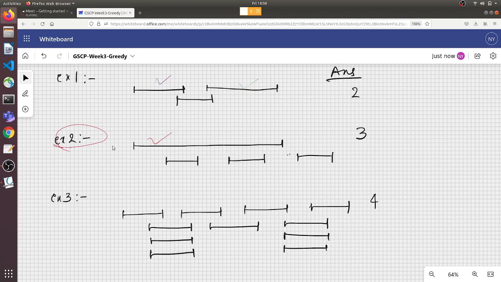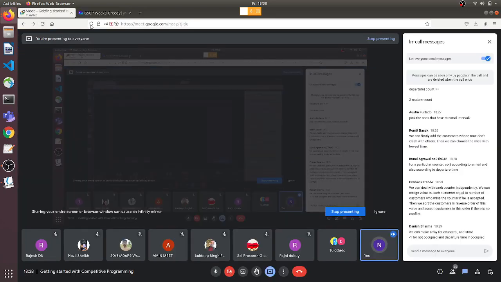And if we pick interval 1, then we cannot pick these two intervals which are overlapping with it, and we can only pick the last interval. Then the answer would have been 2. So that shows that sorting by the arrival time and then taking the intervals and discarding the intervals which are overlapping with it is also not useful to us.